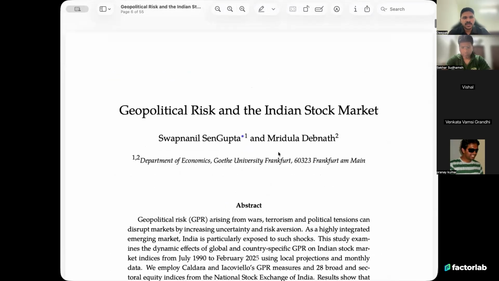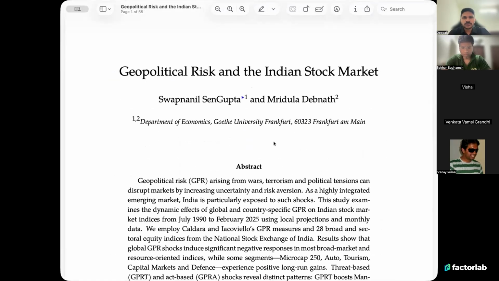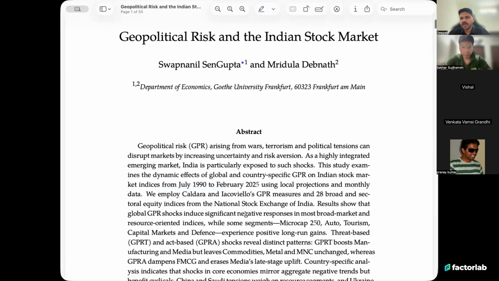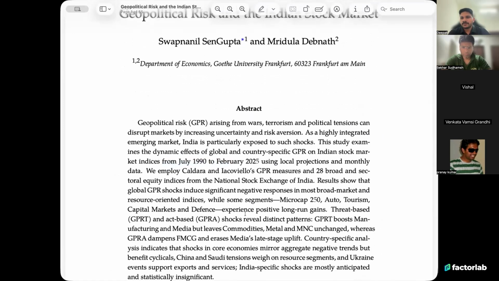This is a research paper that talks about the geopolitical risk on the Indian stock market. It has data starting from the 1990s to as recent as Feb 2025, where they're trying to understand the impact of geopolitical risk on the Indian stock market. So they used the GPR index as the X variable, and the Y variable is the Indian stock market.